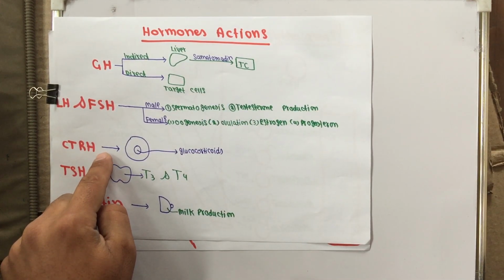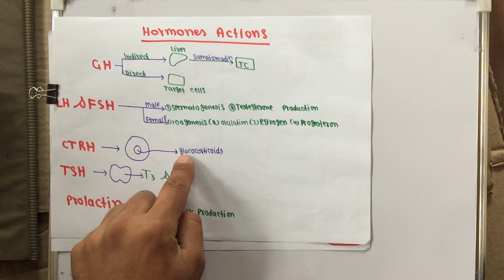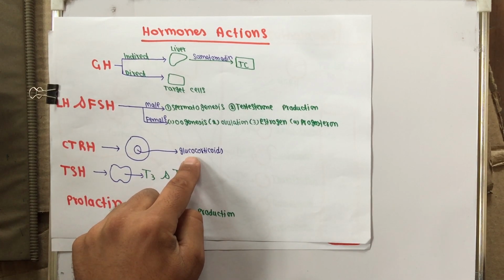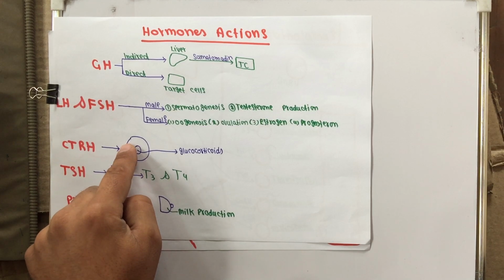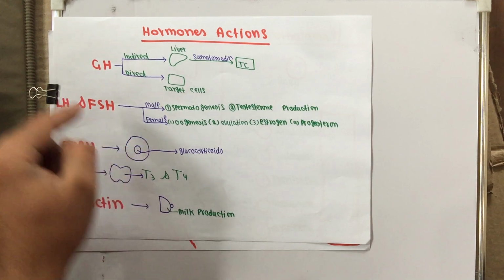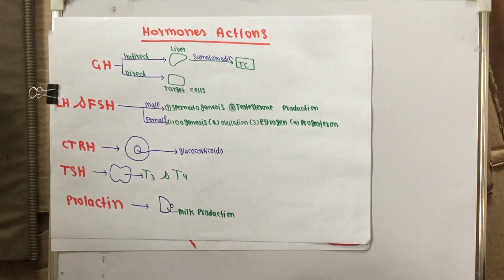Adrenocorticotropic hormone causes production of glucocorticoids, and glucocorticoids are produced by the suprarenal gland. Which part of the suprarenal gland is that? We will say the zona fasciculata. This is the zona fasciculata.